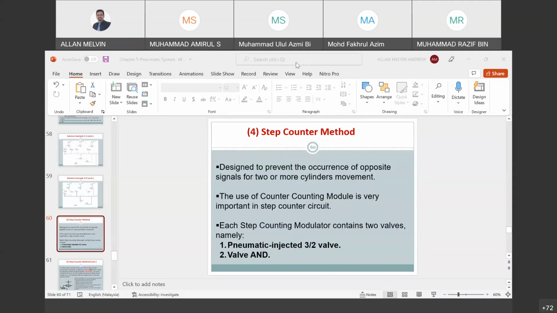Maybe I will find another slot for you to check. It's okay, maybe next week we will discuss the step counter method. On the puzzle question, we just do cascading first. Okay, any questions before we dismiss? Final question or questions.